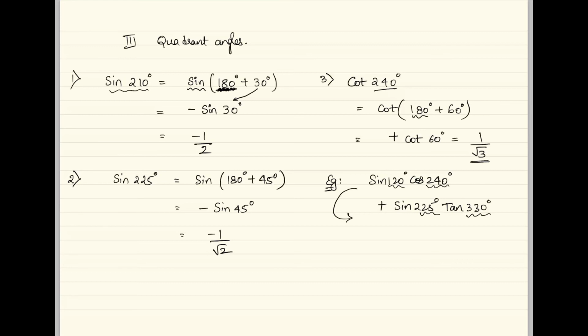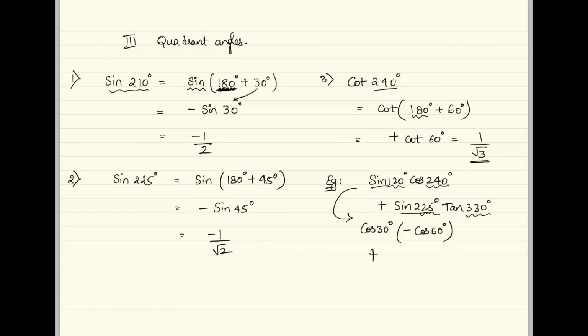Sine 120 is how much? Sine of 90 plus 30. Sine of 90 plus 30 means sine will change to cos, but it is positive, so cos 30, right? Similarly, cos 240 is how much? Cos of 180 plus 60, and it is third quadrant, so minus will come because cos is negative in third quadrant, and since 180 is there, cos will remain cos and it will become minus cos 60 degree.